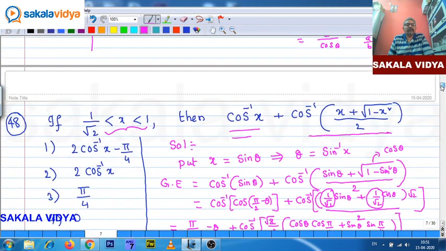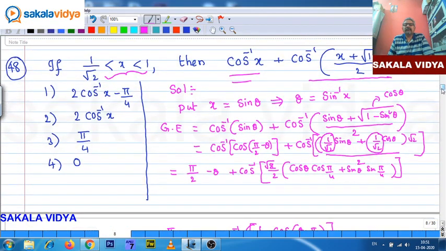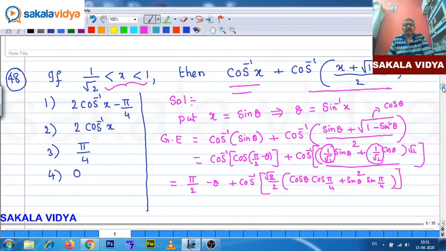So, I will check the problem once again later, now this question. It lies between 1 by root 2 and less than x, x less than 1. We cannot substitute 0. Right, I will check it later. This question, given expression, second step.